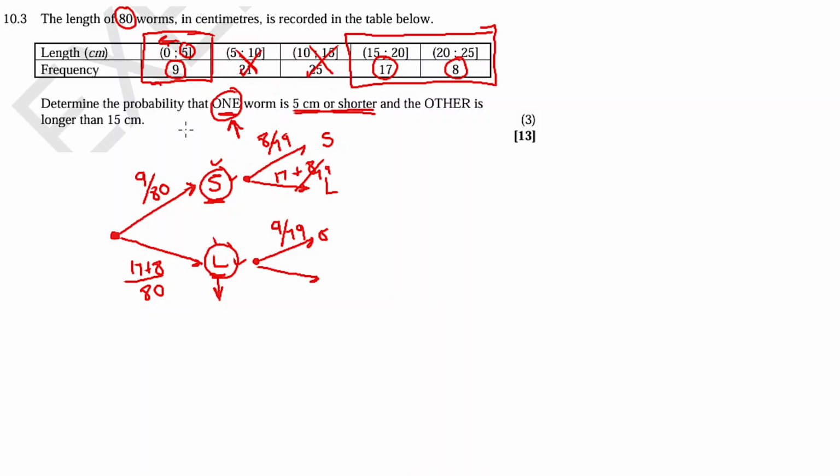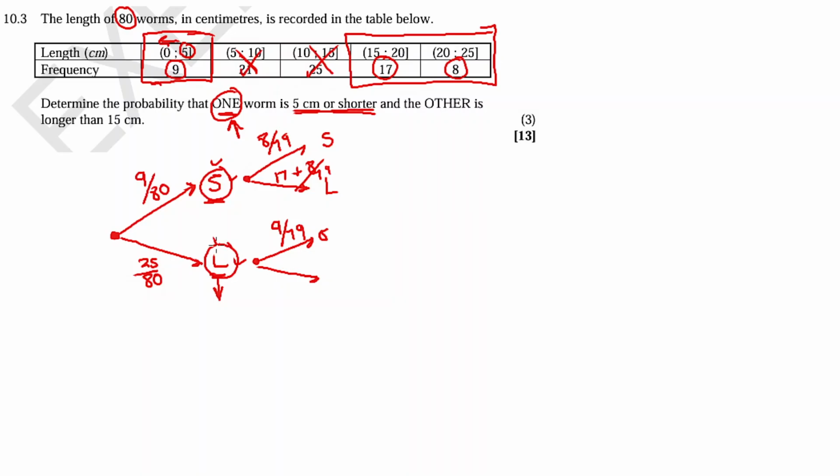Determine the probability. Okay, let's continue. But you know what? This 17 plus 8 over 80 I think is a bit of confusion. So what is 17 plus 8? It's 25. Yes, 25 over 80.